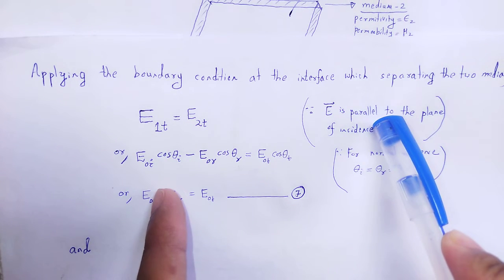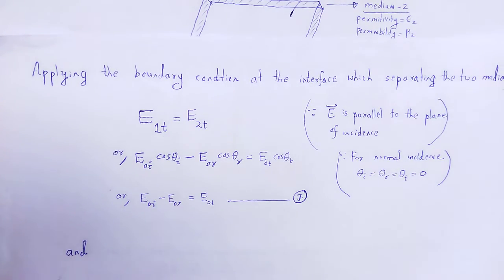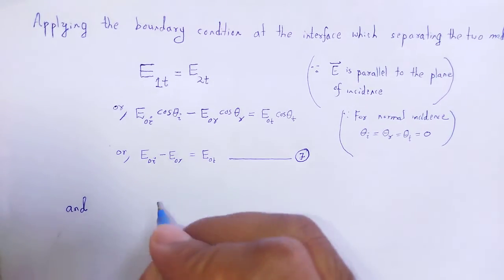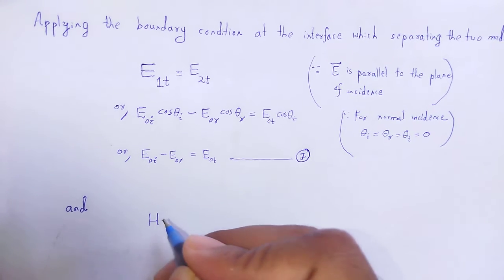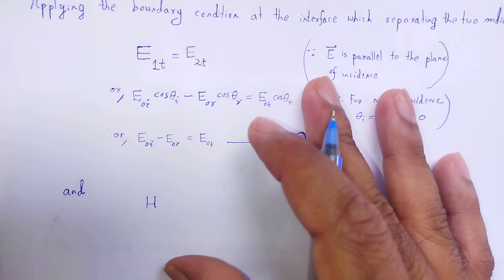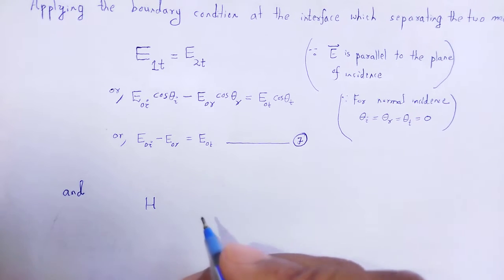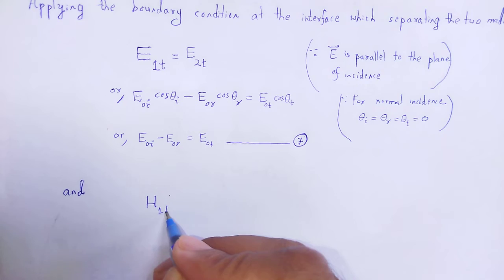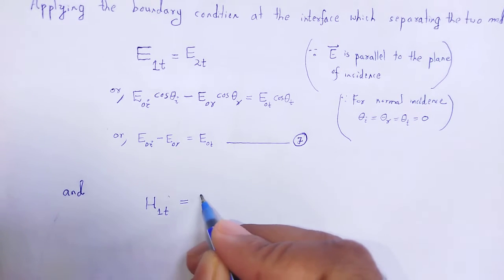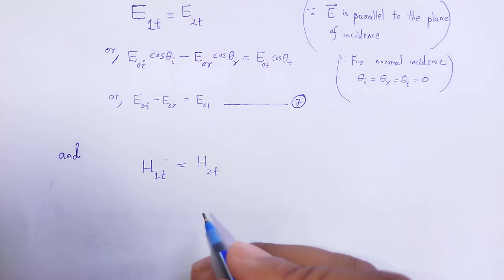But in case of the H vector, the medium 1 tangential component is the same as the medium 2 tangential component.